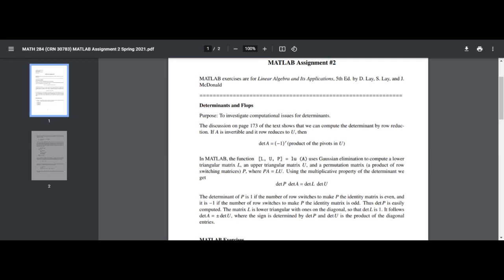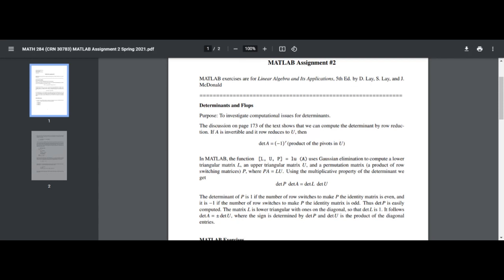So it says here, the MATLAB function LU(A) uses Gaussian elimination to compute a lower triangular matrix, an upper triangular matrix, and a permutation matrix where P times A equals L times U. So L times U is LU factorization. Remember, you can take a matrix and write it as a product of a lower unit triangular matrix and an upper triangular matrix.